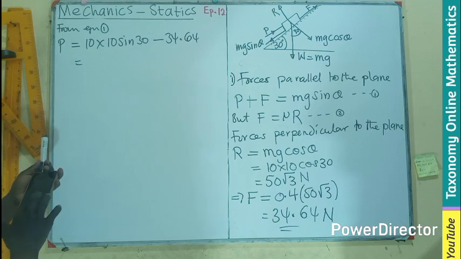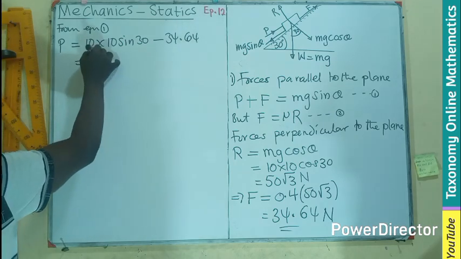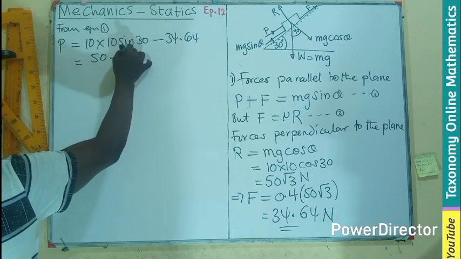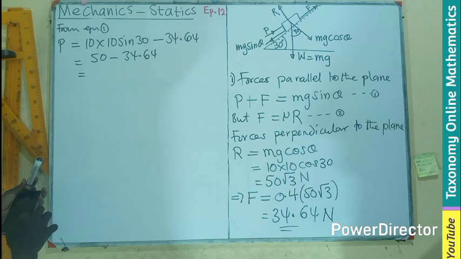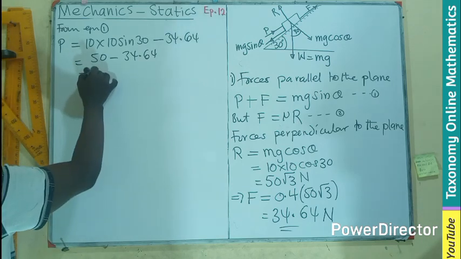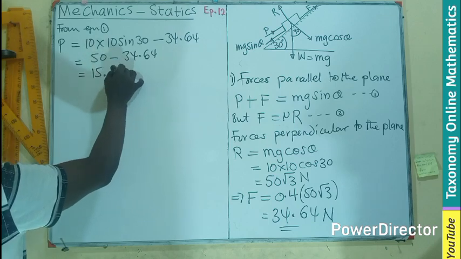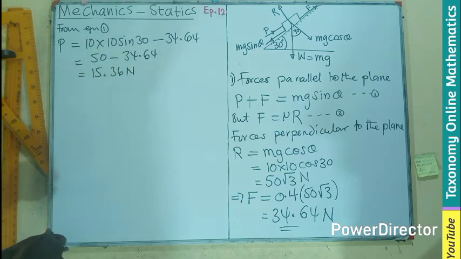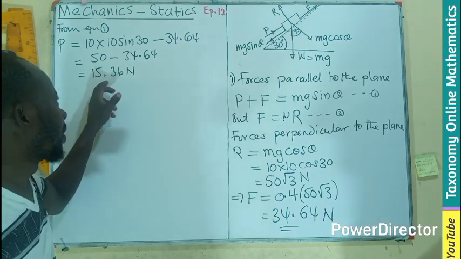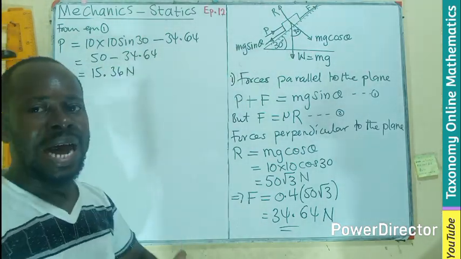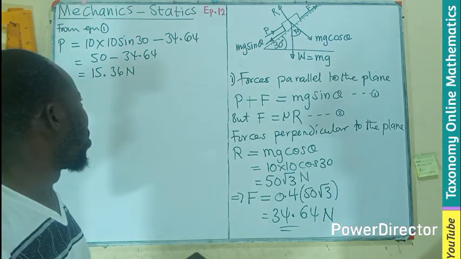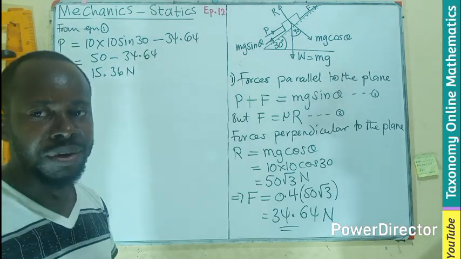So 100 sine 30, that will be 50. So 50 minus 34.64, and that will give us 15.36 Newton. So the force that is required parallel to the surface or the plane that will hold the body at rest is going to be 15.36 Newton, or just 15 Newton.